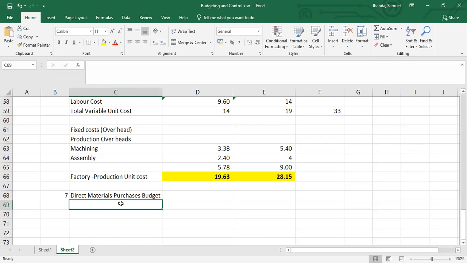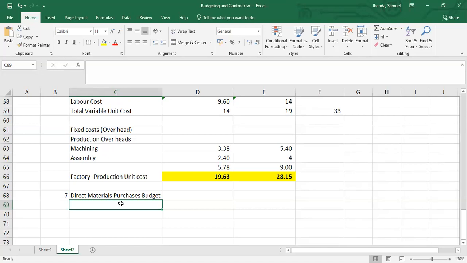So when it comes to the direct materials budget, like I've said, ours is to look at what we shall need in the production in terms of materials, and then we shall also look at how much we want to remain with at the end of the period.